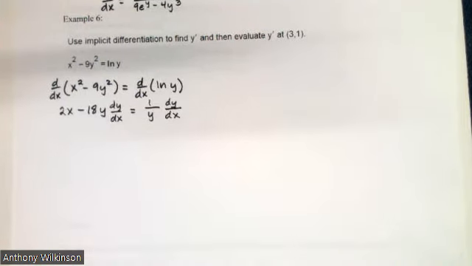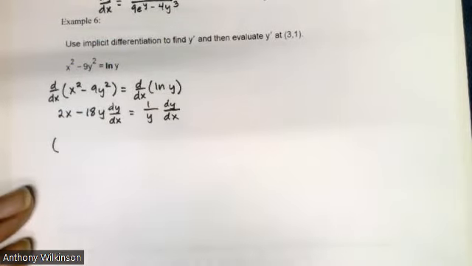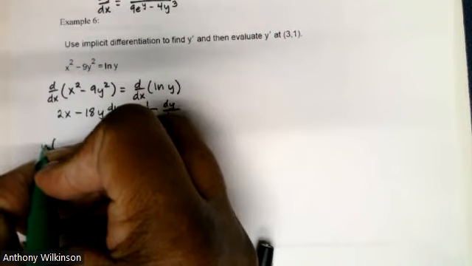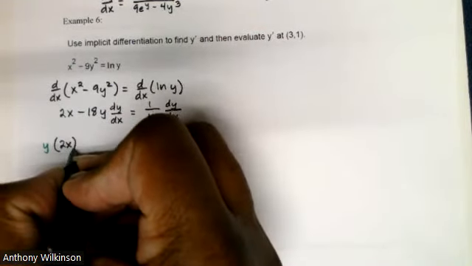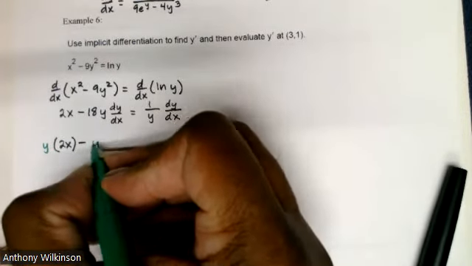Let me get rid of that y that's in that denominator by multiplying both sides of the equation by y. I'm using different colors so I can show you what I'm going to do here. In fact, let me make this simpler by multiplying each and every term in the equation by y.